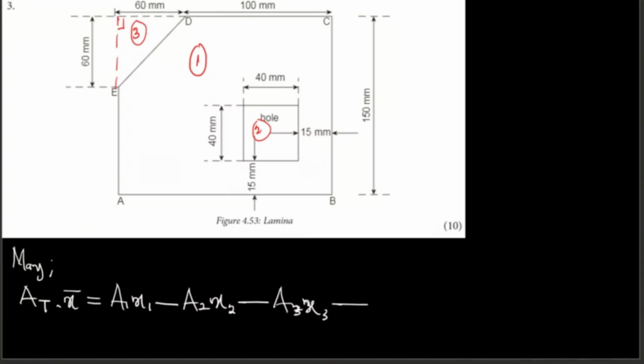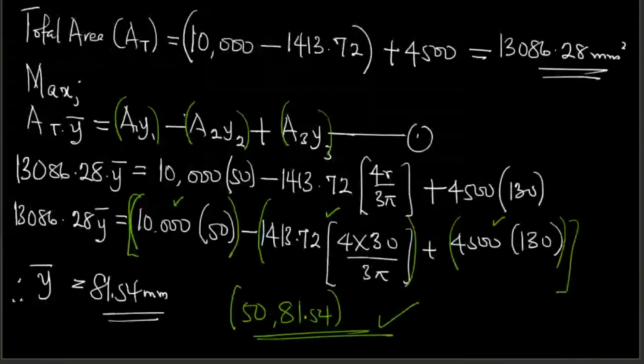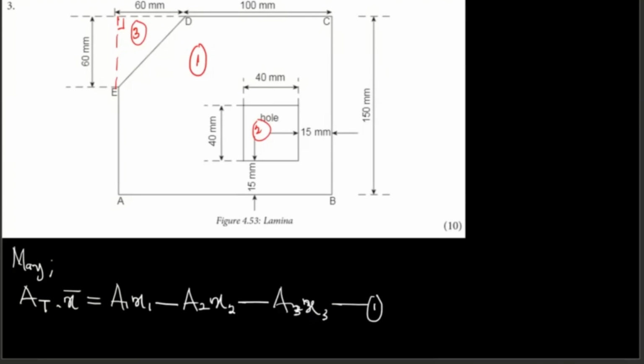Need to be careful here. When you are dealing with calculation of the centroid of a lamina, you need to be very careful. This is where students normally make mistakes. They write plus plus here or plus minus here. Remember the previous one we did, it was minus then plus because there was a hole there, the semicircle. But this one we have a square hole and a right angle triangle at the top right hand corner. That's the reason why we are subtracting.